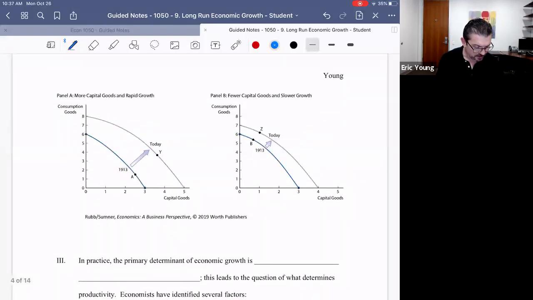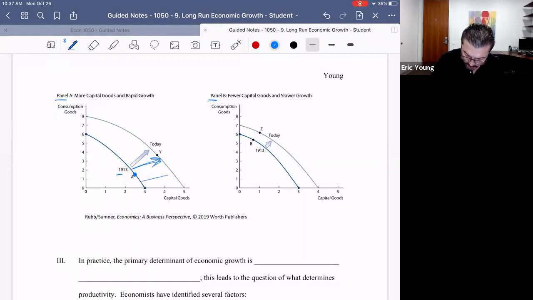So you take right here, in panel A, in panel B, you have, going back to the graph that we did earlier, a hypothetical economy that in 1913 was located right here in point A. If they grew really significantly, they were able to push that PPF out far.